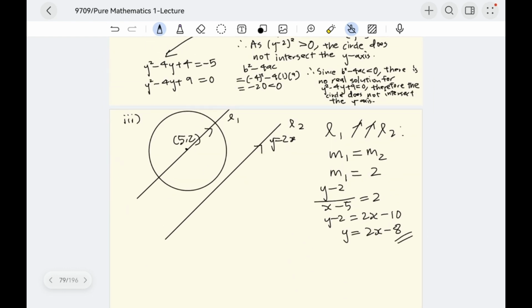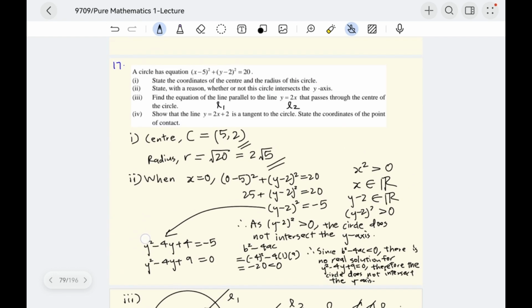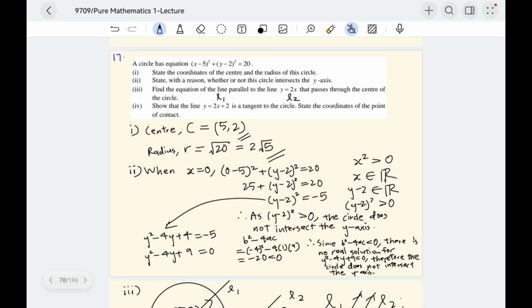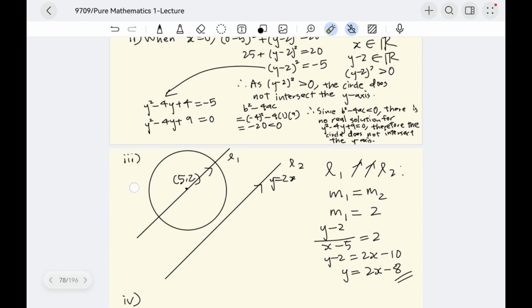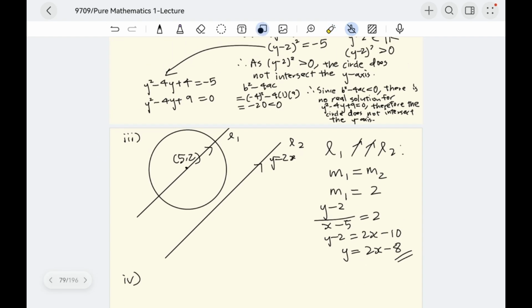Alright, let's move on to the last part of this question. Show that the line y equals 2x plus 2 is a tangent to the circle, hence state the coordinates of the point of contact. Now a tangent line is introduced. Let's say here is the tangent line.